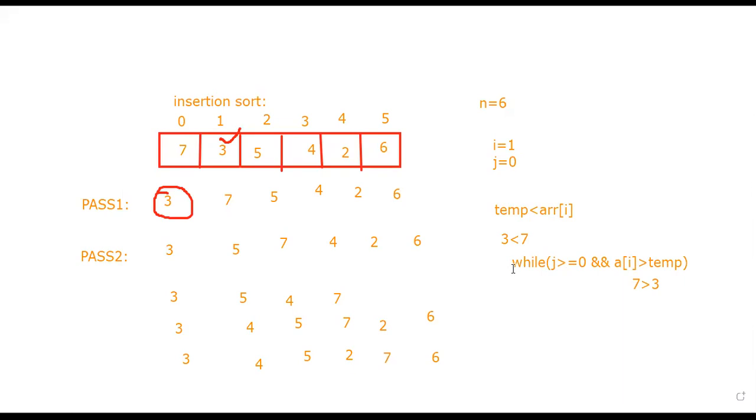So if it is compatible to you, you can write this statement: while j greater than or equals to 0, and this is the logical AND operator. So what is the meaning of the logical AND operator?